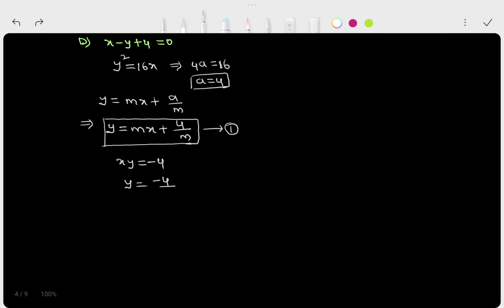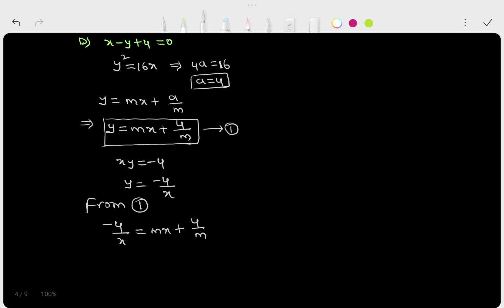Therefore from 1, solving these two, here this is minus 4 by x. Solving, minus 4 by x is equal to m into x plus 4 by m.